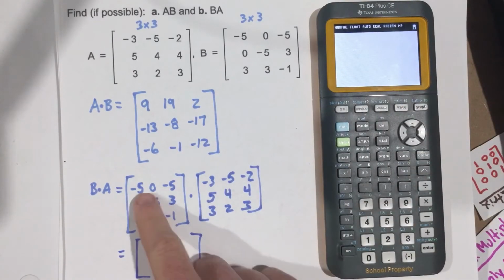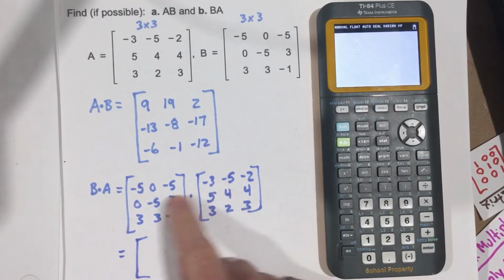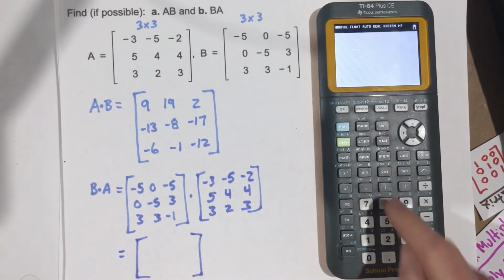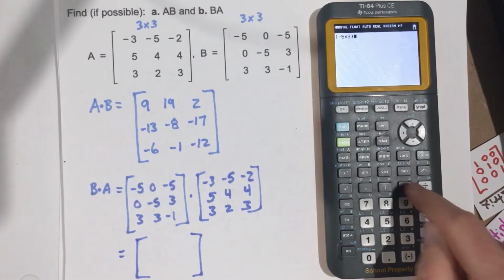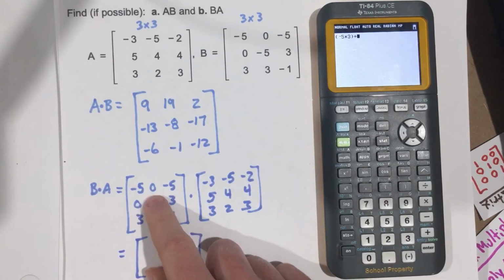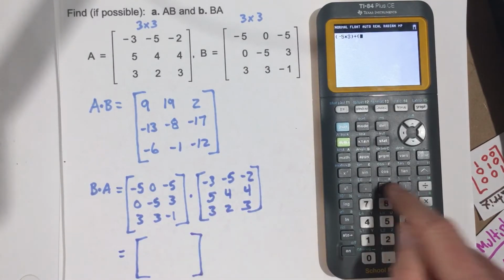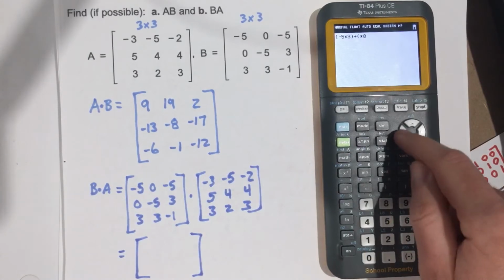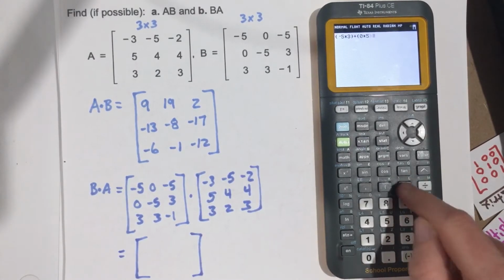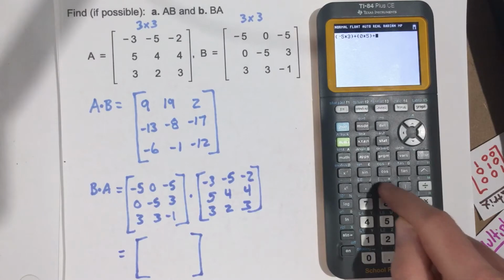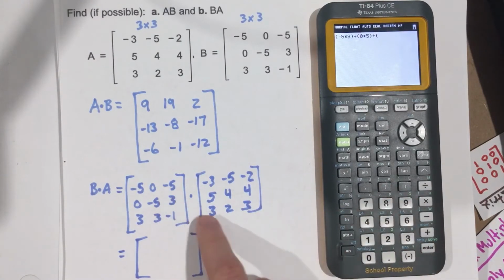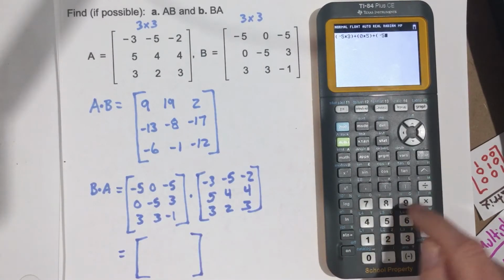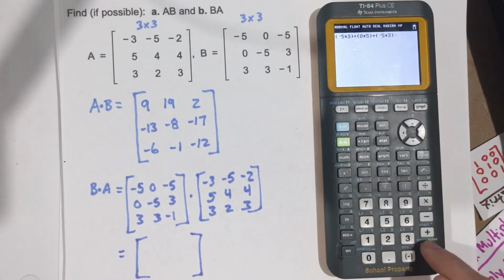And let's start by doing negative 5 times negative 3. So row 1 times column 1. Negative 5 times 3 plus 0 times 5 plus negative 5 times 3. We get negative 30.